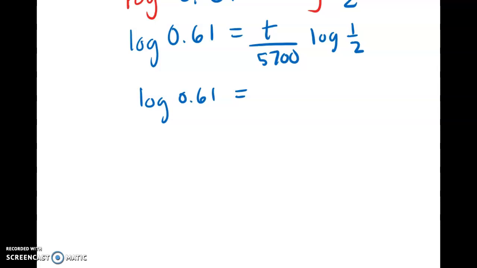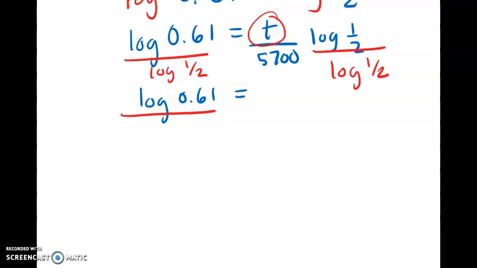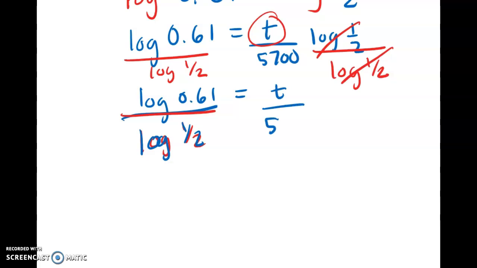I'm trying to isolate T, so let me divide both sides by log of 1/2. That will cancel, and I'll be left with log 1/2 on the bottom. And now, to isolate T, this is T divided by 5,700.